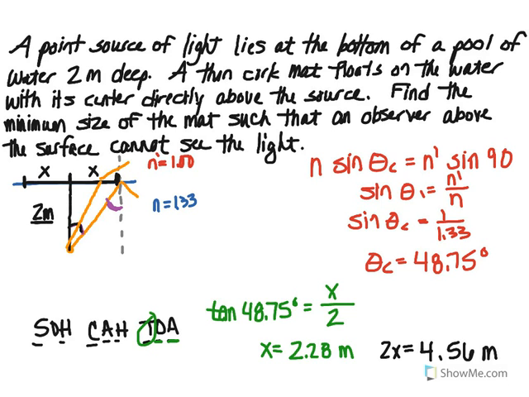And so an observer could potentially see that light from the second medium. But instead, the only light that can potentially get past this mat has to travel at least at 48.75 degrees, and since that's the critical angle, none of the light will be refracted into the second medium, and no light will be seen by any observer above the surface.